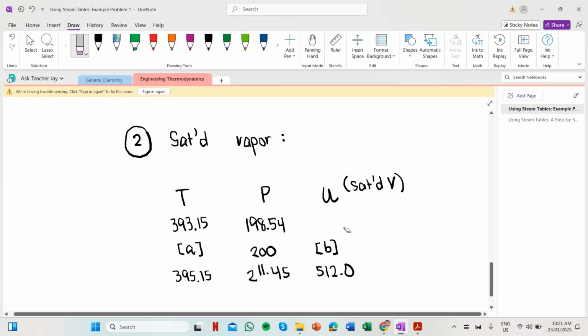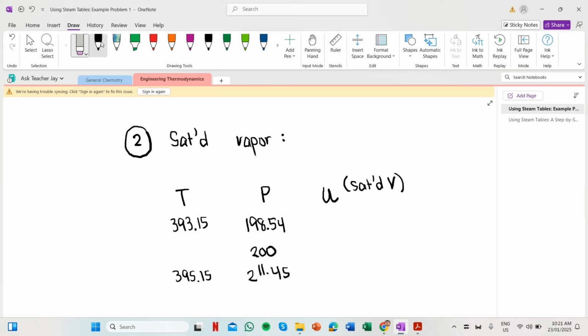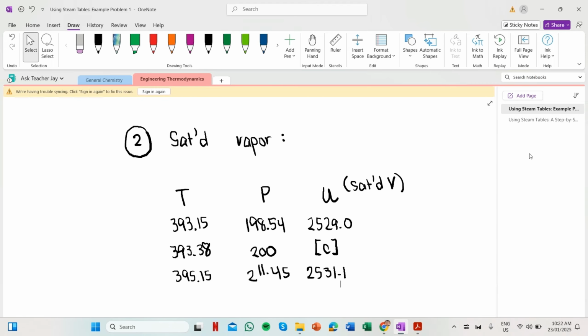I'll be replacing this one. We already know what A is: 393.38. And I'll be using the unknown C for this one. Then our data is 2529. I already have a copy here in my notebook, just for your reference.